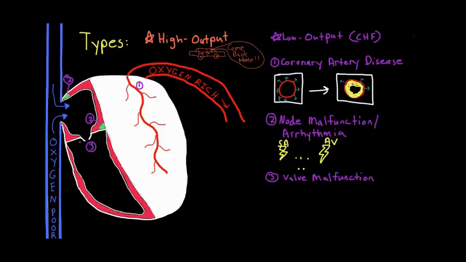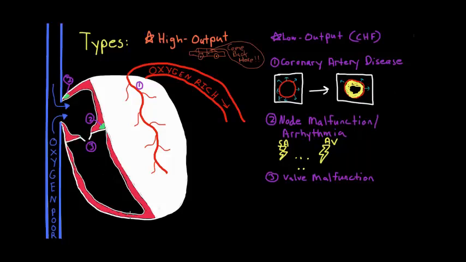You can also imagine a case where the valve might not close up well, so it opens up well, but it's sticky when it tries to close, which means that blood can escape back into the atrium, which means that there's not as much blood down here in the ventricle when the contraction happens. So those are just 2 ways that the valve can go wrong that can lead to heart failure.